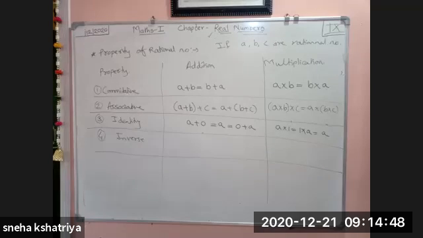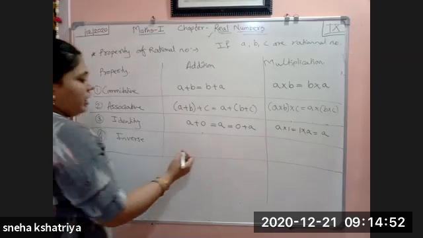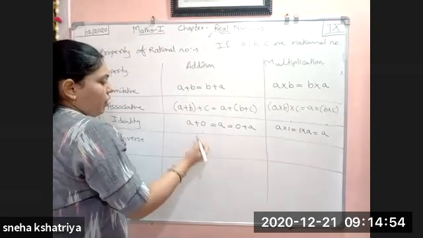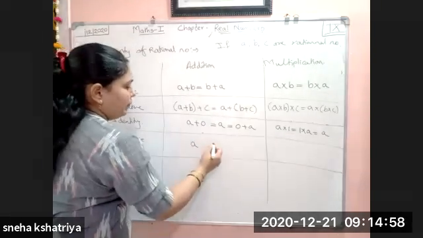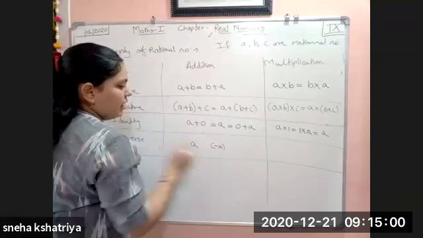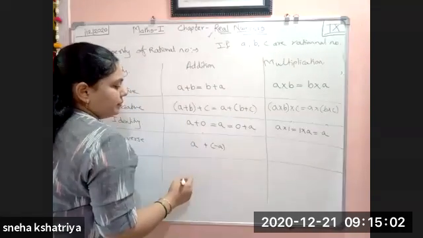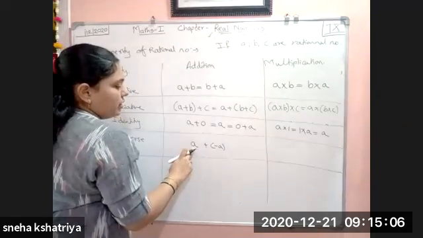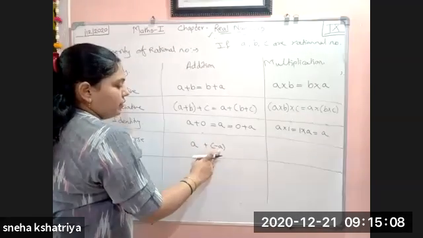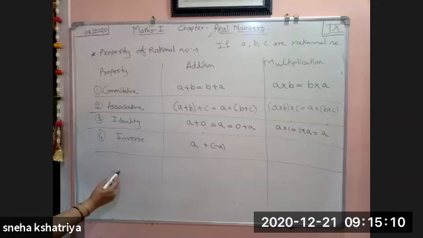Now the inverse. Inverse is very important. You have to take the negative of the original number. If this is A, then you have to consider minus A and you have to add them. If we take any rational number, you have to consider its negative number, as if minus 3 is there, then 3 is there.